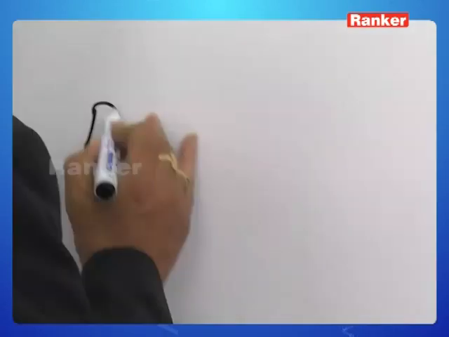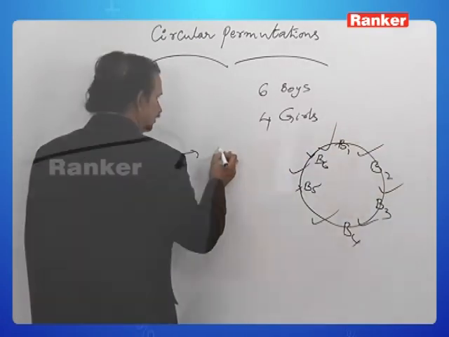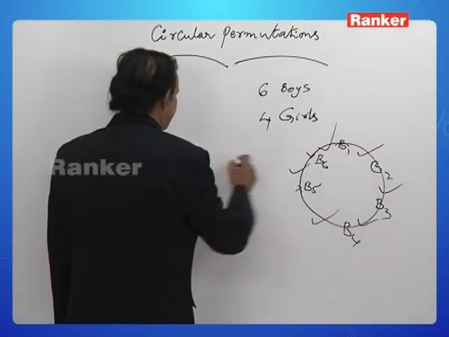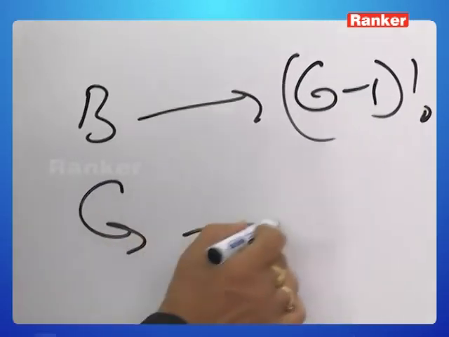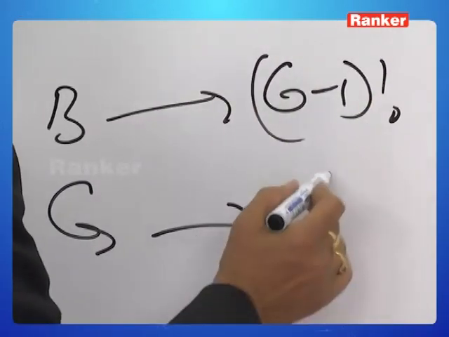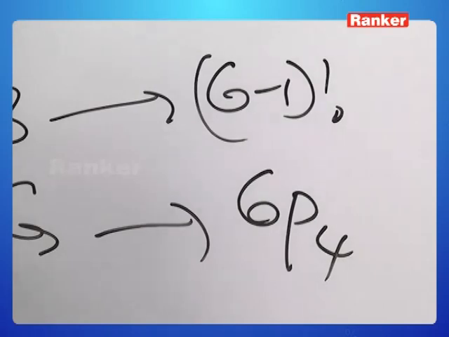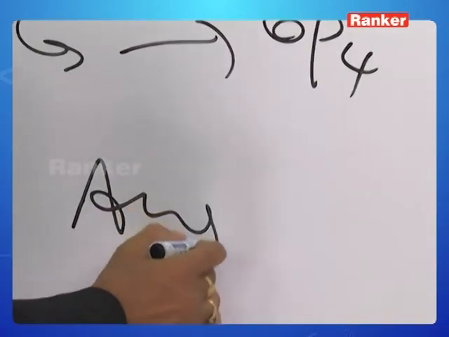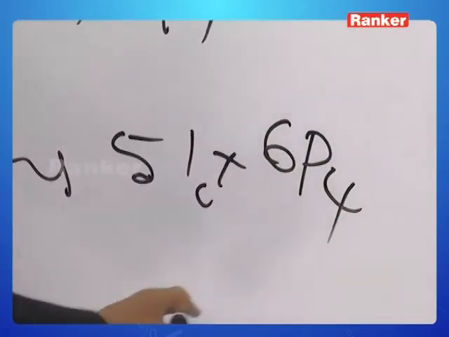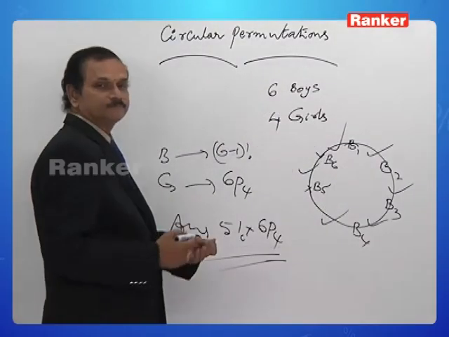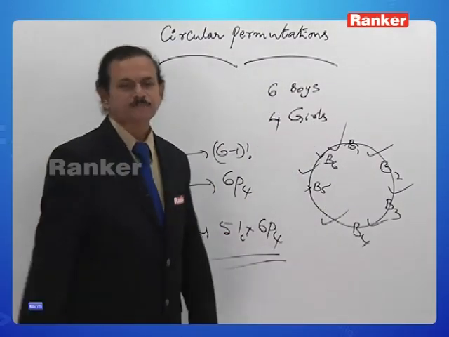6p4. So arrangement of 6 boys around a circle, 6 minus 1 factorial. Arrangement of girls, 4 girls in 6 places, 6p4. So the total answer in this case is 5 factorial into 6p4. This is the total answer.